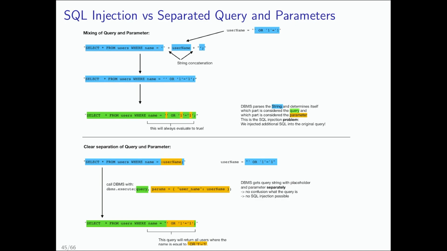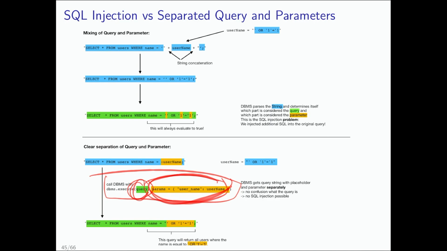So the blue part is the statement, this orange part is a placeholder, and then when you send it to the database system, you send it through a command that has two parameters. One is this query, which should actually be blue here, and the other is the parameters.